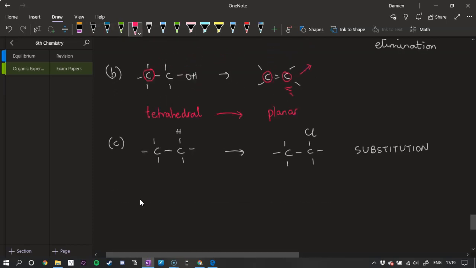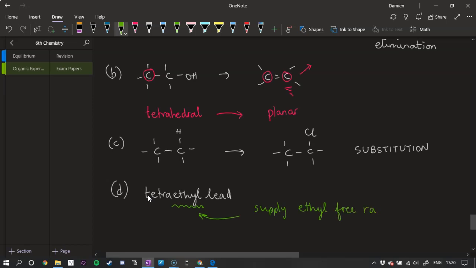So one of the things that tetraethyl lead can do, so I think this is part D. The key in tetraethyl lead is this particular part. Tetraethyl lead will supply ethyl free radicals, and you'll be able to see those ethyl free radicals when you draw out the mechanism.